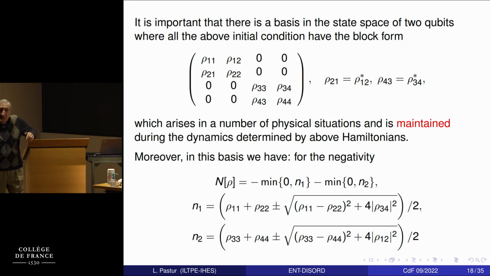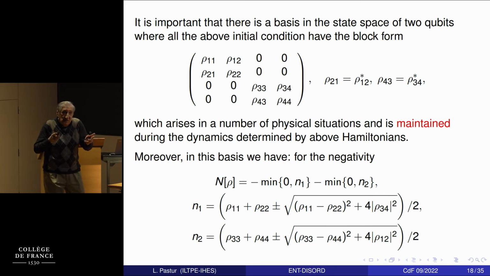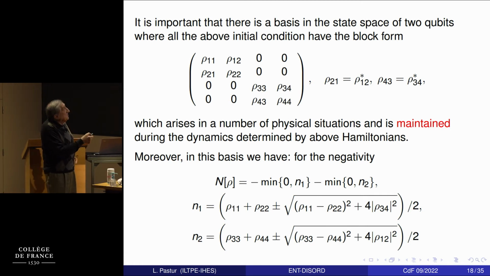So I remind you that for the negativity, you just take your matrix, do the partial transpose, and compute the eigenvalues. It's a simple exercise because the matrices are block, and you'll find the eigenvalues, and this is our expression for the negativity. You see it directly via entries. So it's a simple algebraic expression, and it is no wonder, because it was clear from the very beginning.